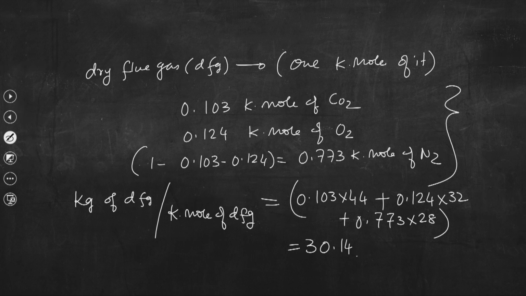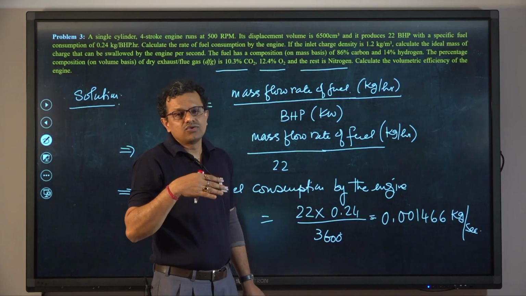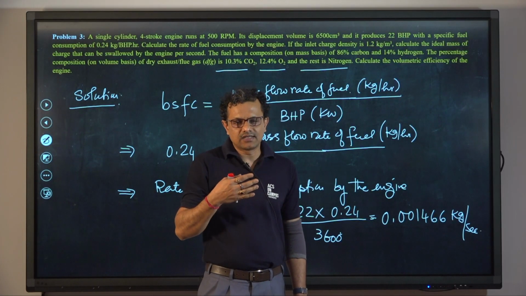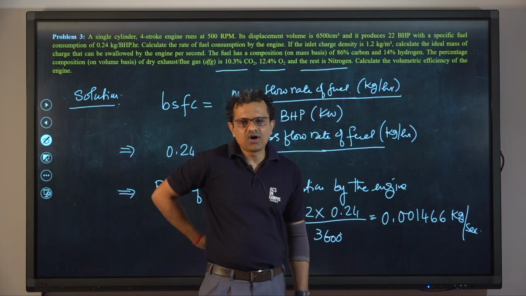Now, if we go to the problem statement, in the dry flue gas carbon is present in the form of carbon dioxide, that is given. Mind it, nitrogen is given, but assuming that no NOx formation is there. So, nitrogen is there only in the N2 form itself, no NOx is formed.